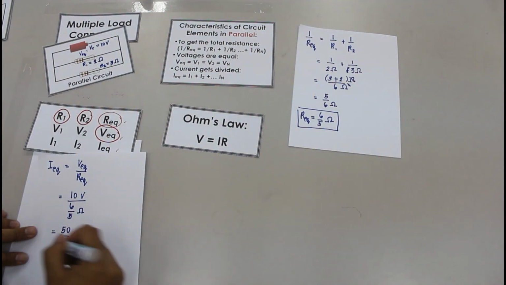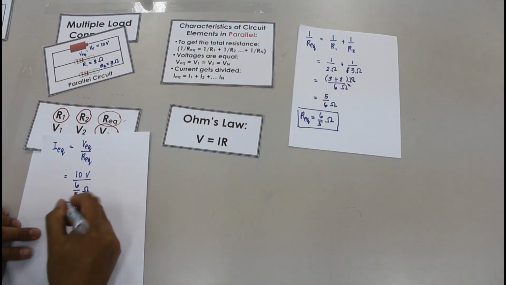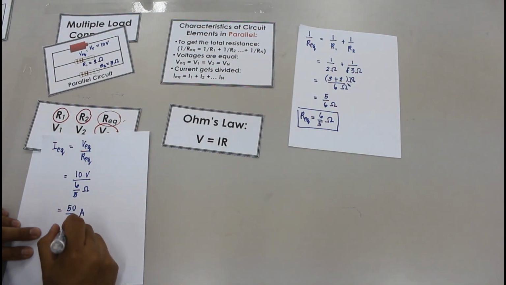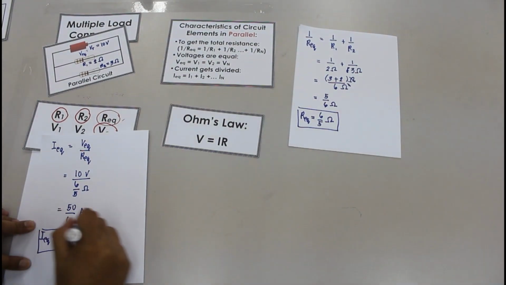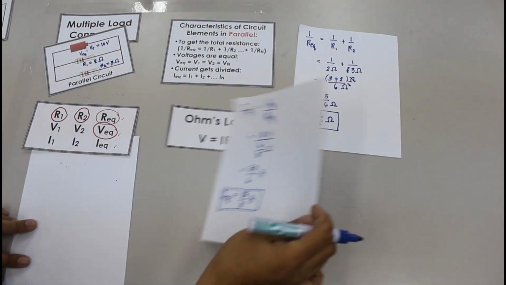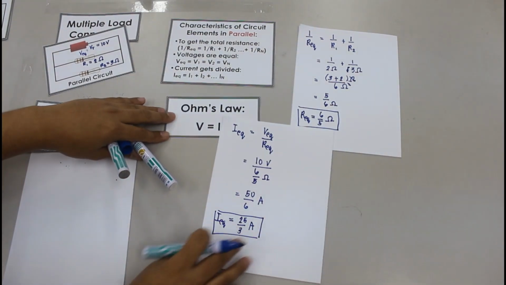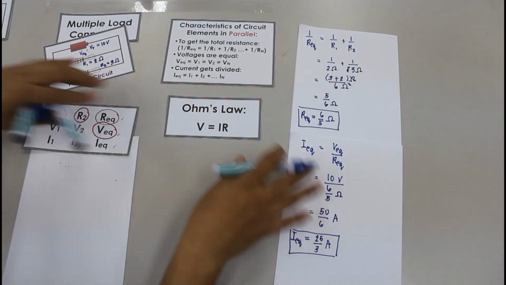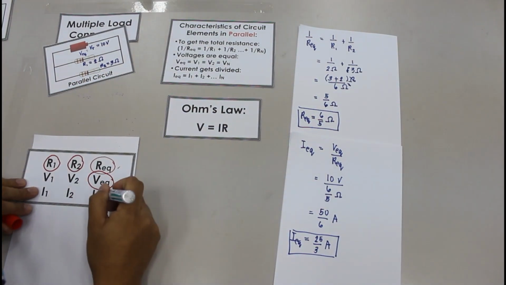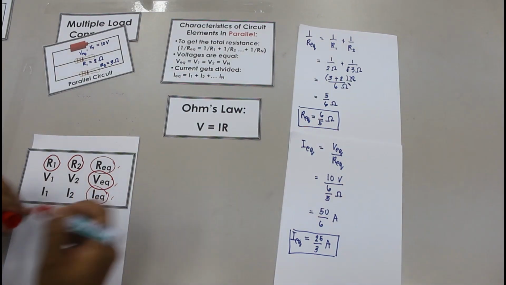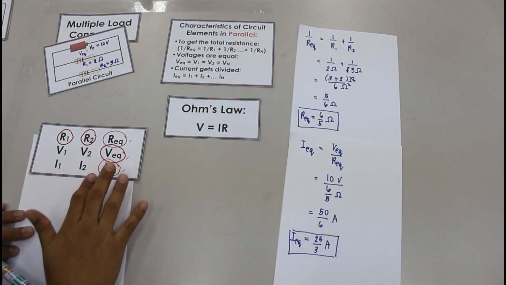We simplify the value. 50 over 6 is 25 over 3 ampere. From here, we're now able to solve the I equivalent to be 25 over 3 amperes. And we refer back to our guide here and circle this and say that we're already done solving for I equivalent.